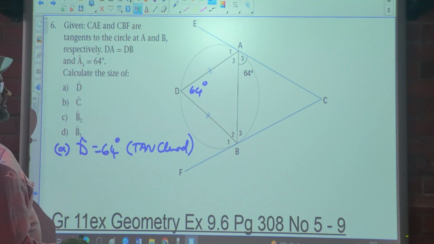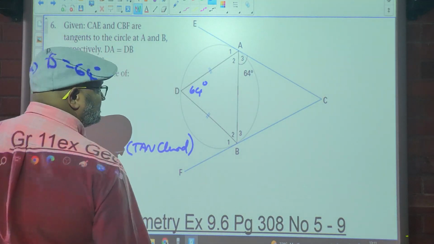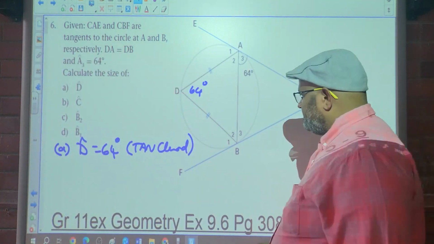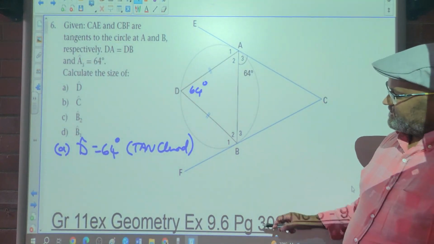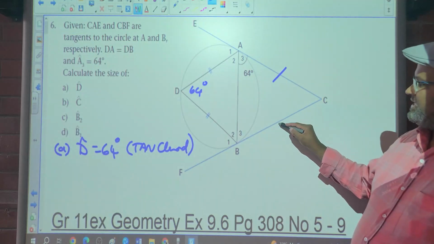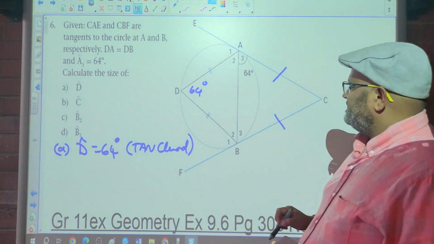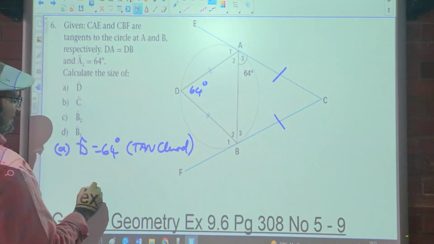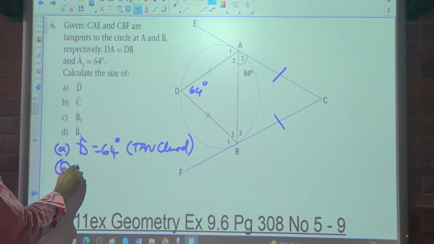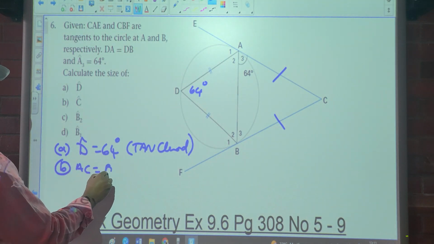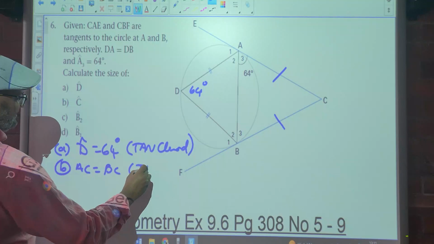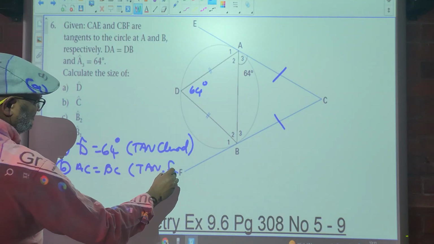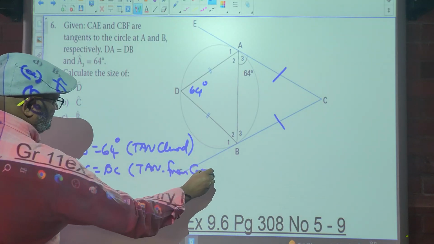Angle C? Nope. We're first going to say that these lines are equal, not so? So we're going to say that AC is equal to BC. Why? Tangents from a common point.